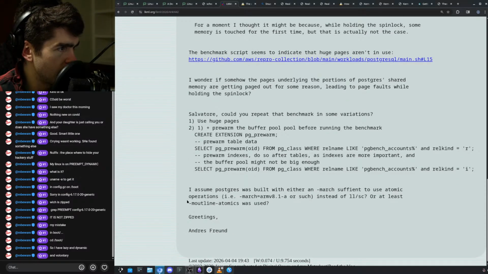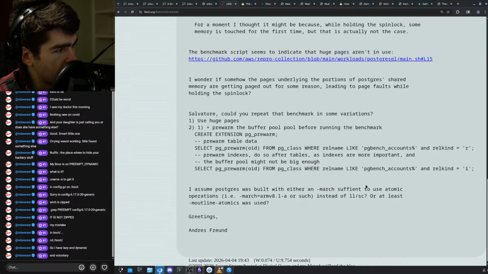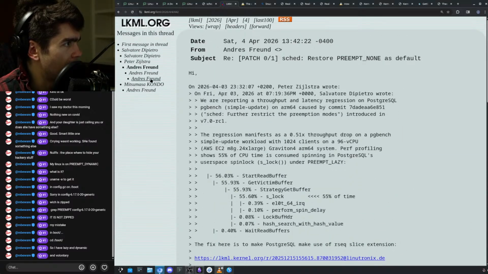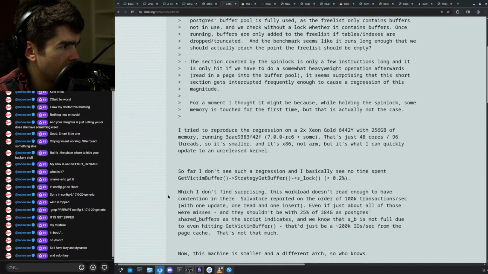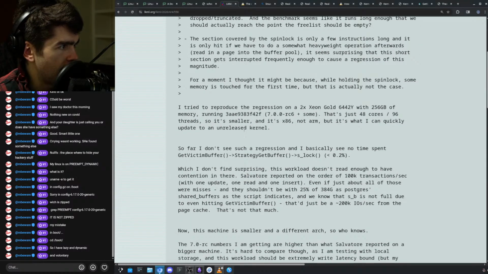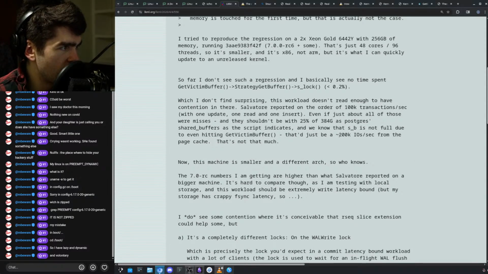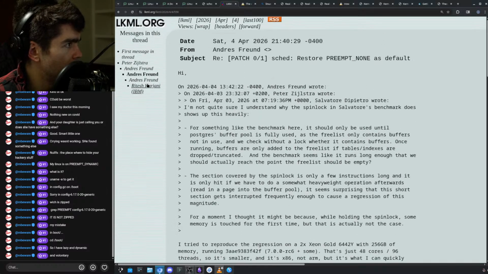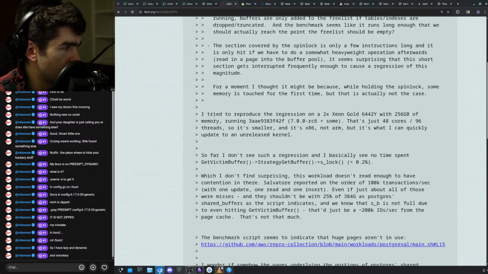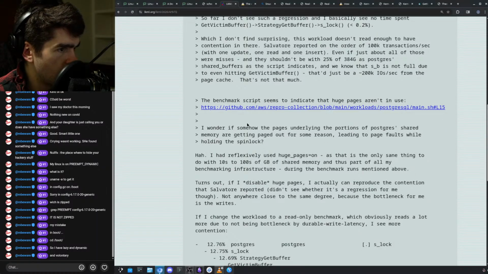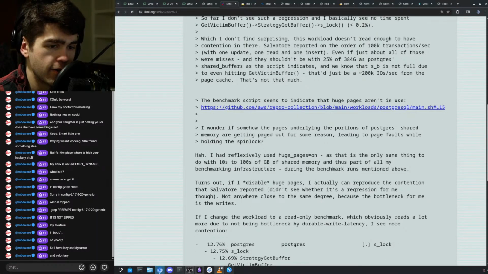So he actually goes in and thinks about it and does his little diagnosis. What he essentially realizes is that he doesn't have the issue on his side unless he does something seriously dumb, which is disable huge pages.